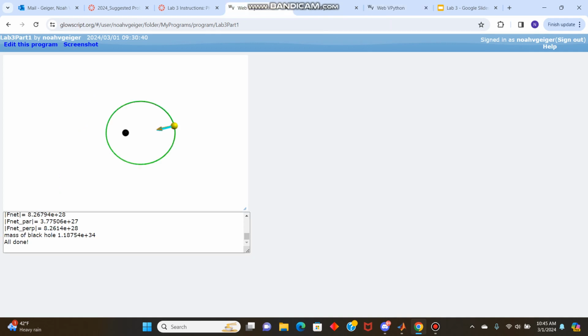I will say for this one, the instructions said, for the first black hole, determine the mass, and that the mass of the black hole should be different each time you run it. I wasn't exactly sure how they ascertained that because nothing in the code changed. So this was my number every time.